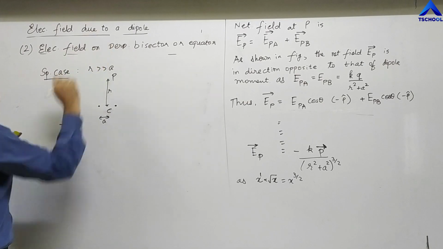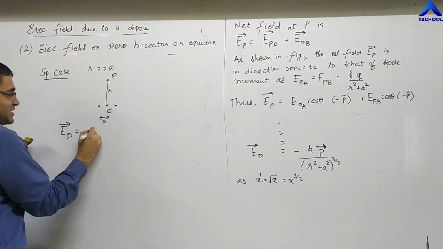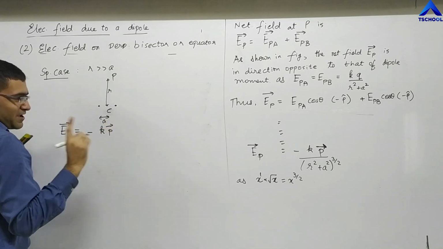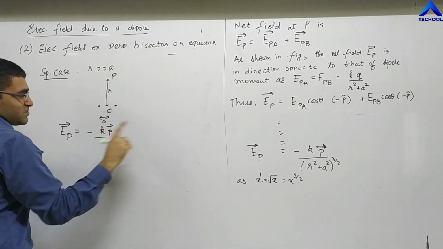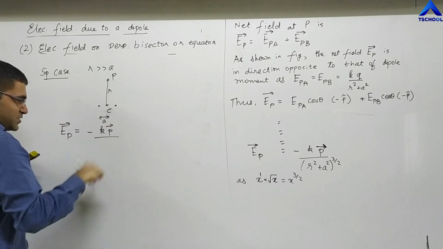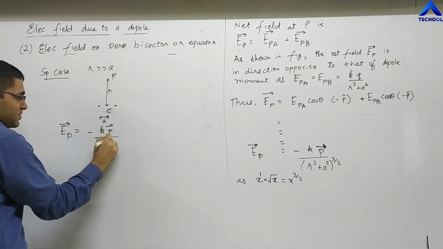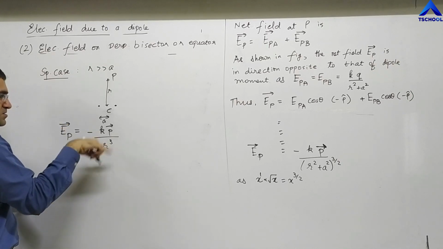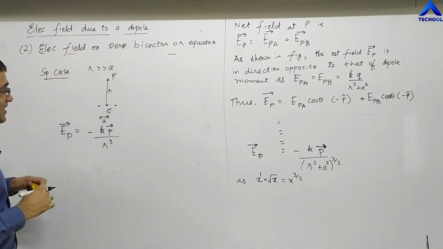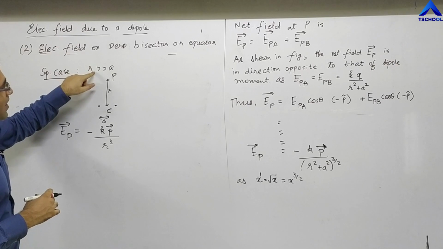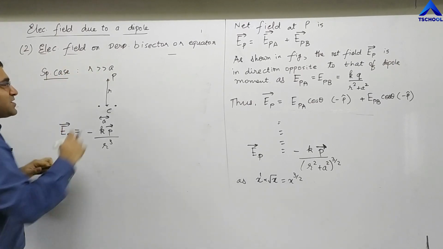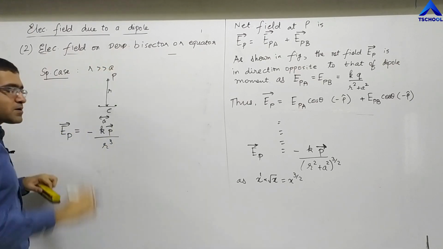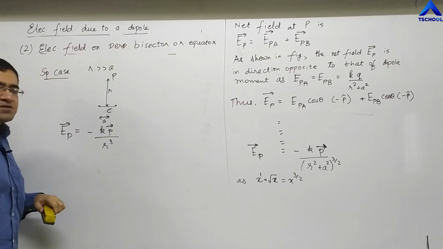So E_P vector is going to be minus k p vector. Like I've said, you have to ignore or neglect a square. So finally, this is going to become r cube, right? Alright, so this is the formula of electric field at the point P if r is much greater than a, that is this dipole is very short, very small, but this point is far. Point P is far, right?